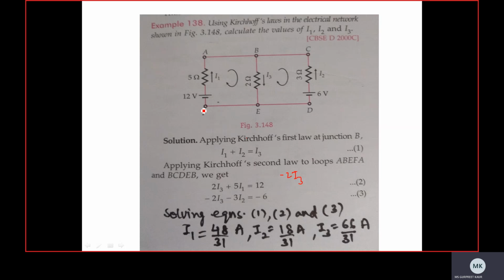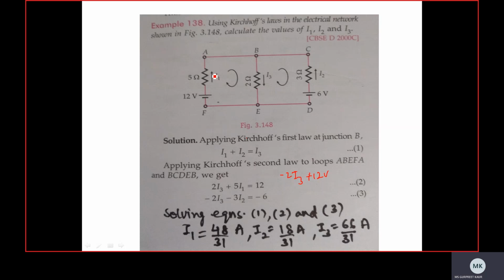Here F to A you are moving, you are encountering a cell of EMF 12 volt. So negative से positive you are going through the electrolyte. So it will be plus 12 volt. Then there is a resistance through which current I1 is passing.